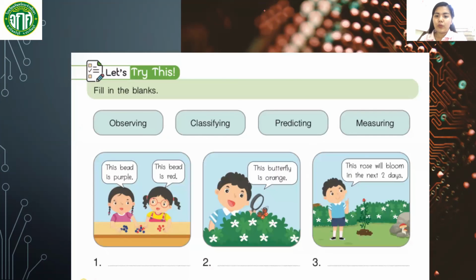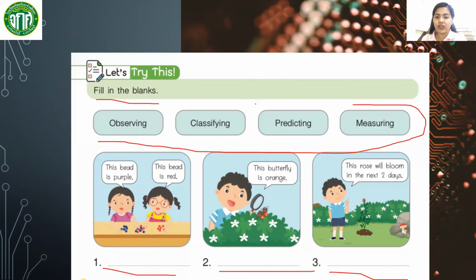Now we have here an activity. It is located on page 10 of your book. Fill in the blanks. We have here 3 blanks and the choices. You are going to choose your answer here.